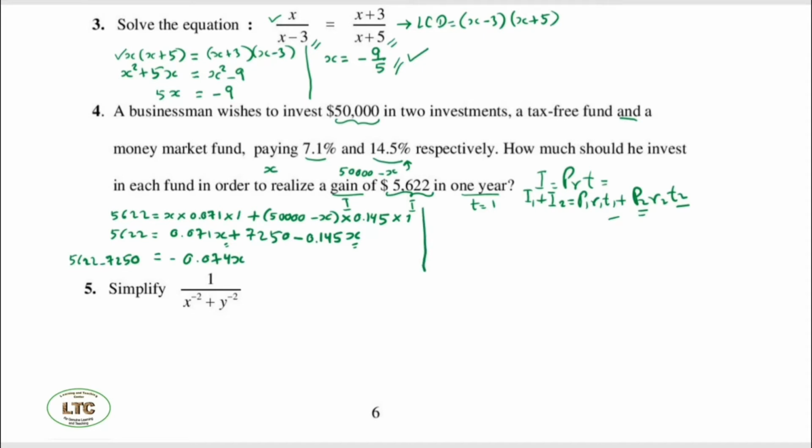So if you divide both sides by negative 0.074, you will get the answer.